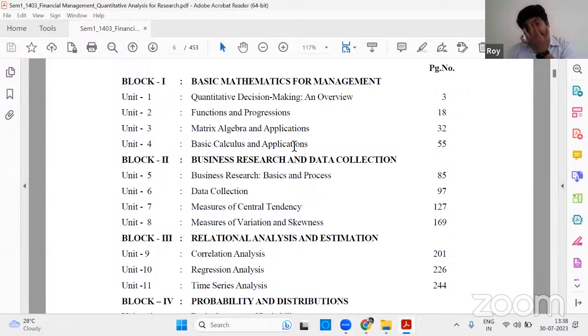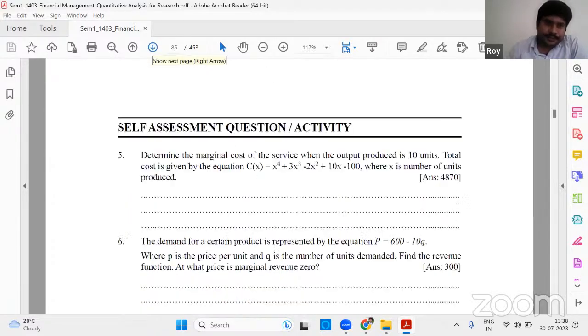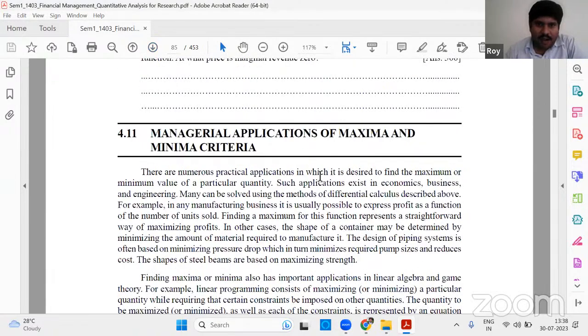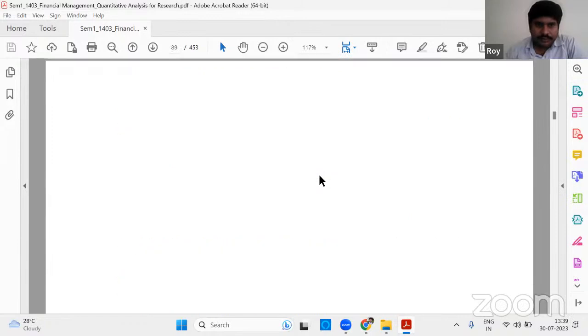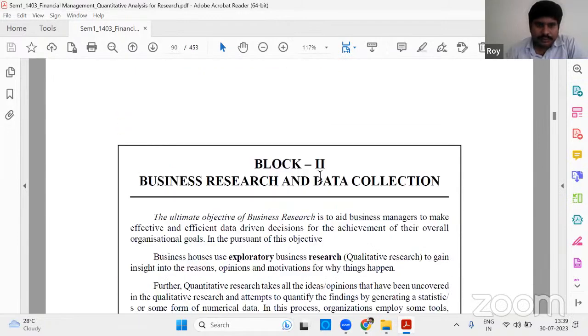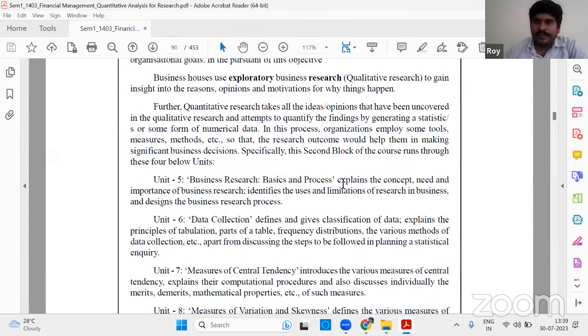Now we need to move on to block 2, unit 5, data collection, page number 85. We are in unit 5 now.